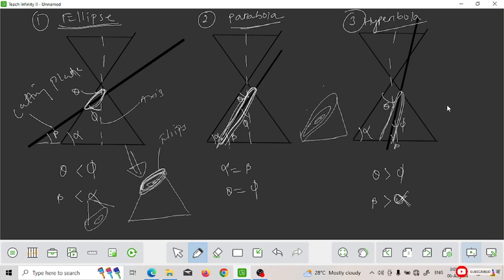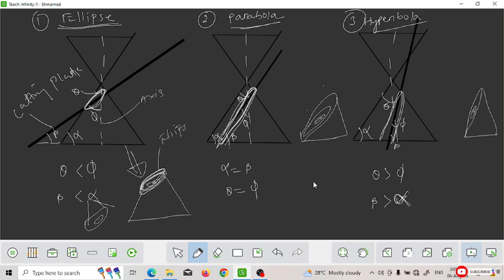Okay, similarly you can obtain this, this is hyperbola. Okay, just imagine how you obtain it. Okay, next we discuss rectangular hyperbola.